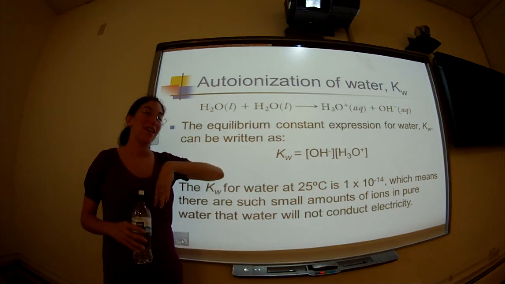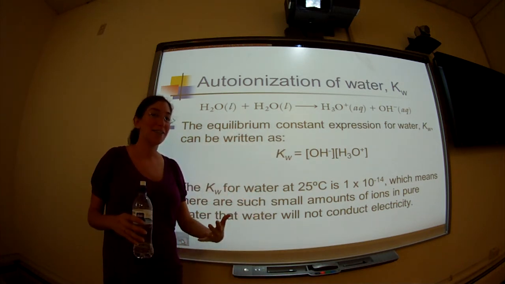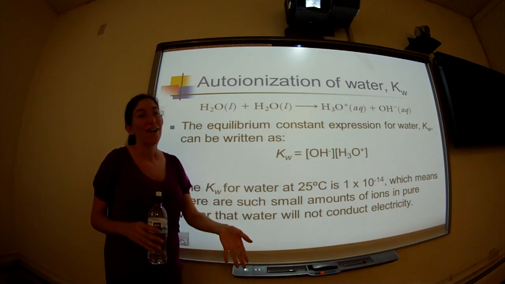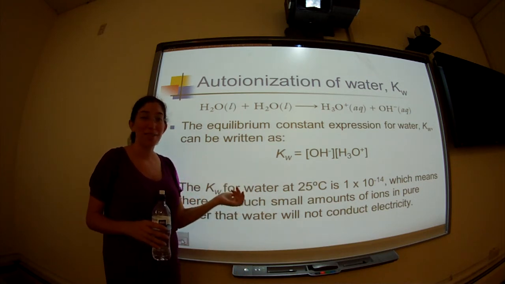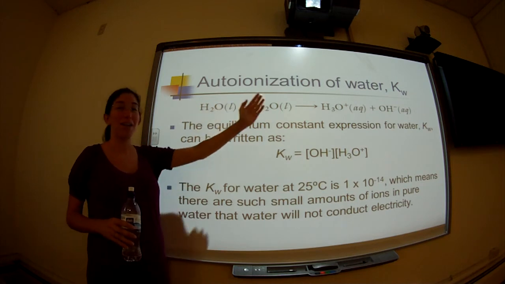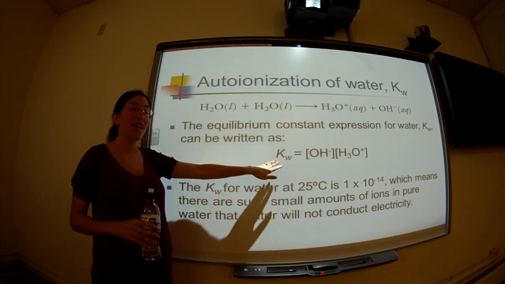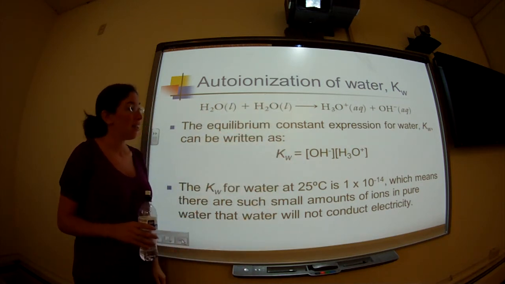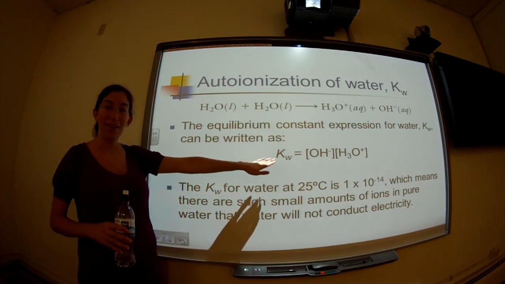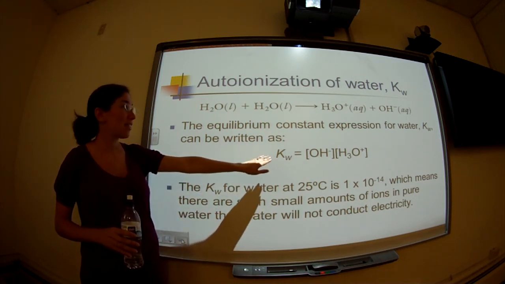So remember we said the equilibrium constant for weak acids is called a Ka. The equilibrium constant for the autoionization of water is called Kw, and it is written like this. This would be the equilibrium constant expression.